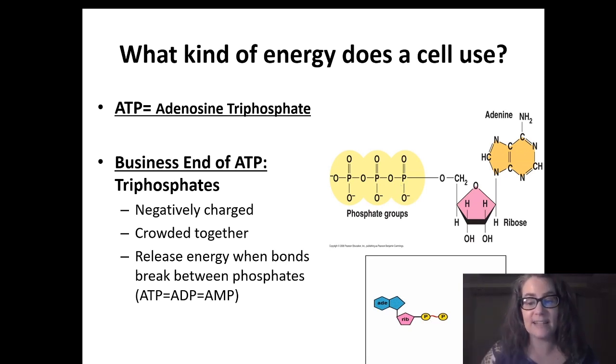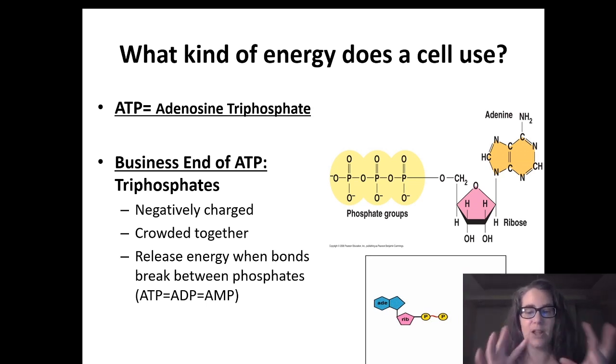And I hope you recognize that as a nucleic acid. So this is something that's related to RNA, DNA, those kinds of nucleic acids. The difference between this particular structure, ATP, and an RNA would be a couple of extra phosphates on the end here. So you have triphosphate, or 3 phosphates that are negatively charged, that are stacked quite closely and crowded together.